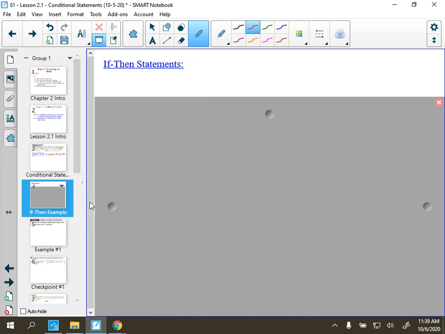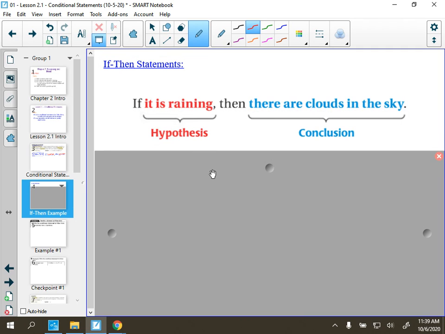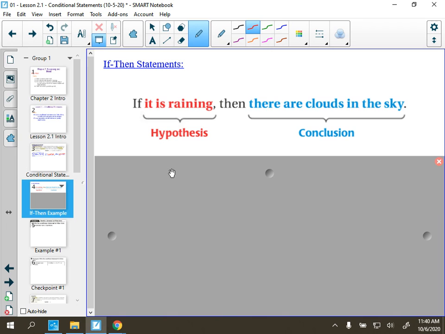So just a straight up example, we'll look at stuff that's math related, or math content, and this is an example of one that's not, more of an earth science one. If it is raining, then there are clouds in the sky. So we've got a hypothesis that it is raining and a conclusion that there are clouds in the sky. Notice we're not saying anything about true or false. This is just mechanical: where do these things go? If the hypothesis, then the conclusion.